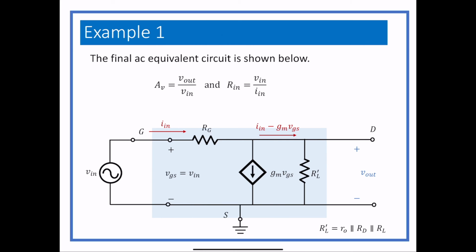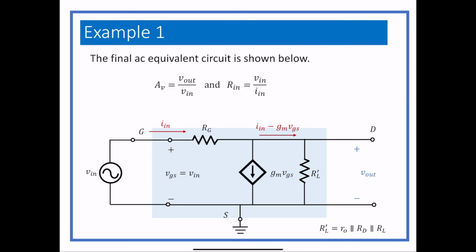And the gain is defined as V out over V in. And the input resistance is defined as Vn over In. So all we have to do is find those values and plug them in and we're done, which sometimes is easier said than done.